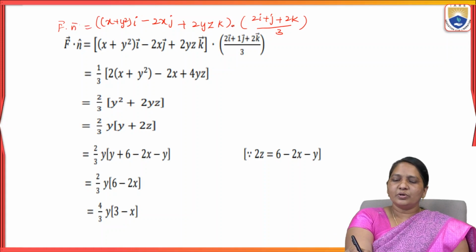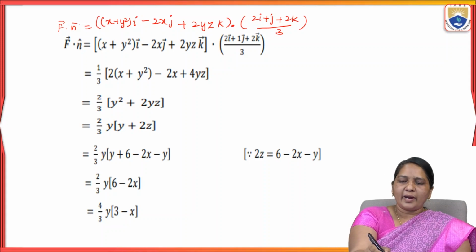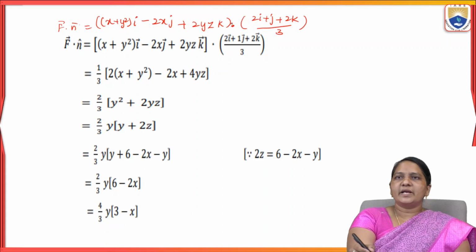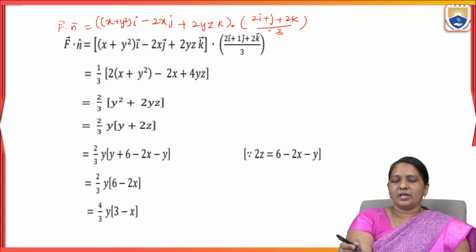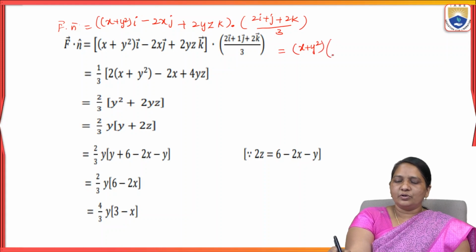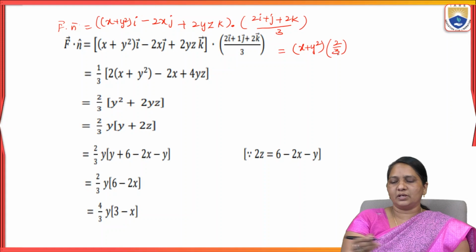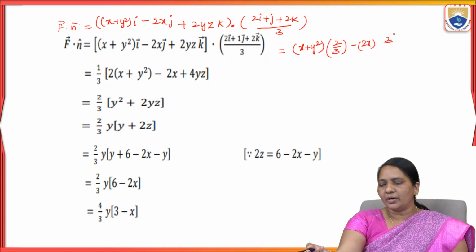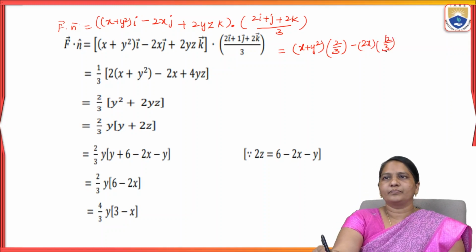Here we are doing the dot product, meaning i dot i is 1, j dot j is 1, k dot k is 1. In that way we get x plus y square into i component, which is 2 by 3. Next minus 2x into the j component, that is 1 by 3.